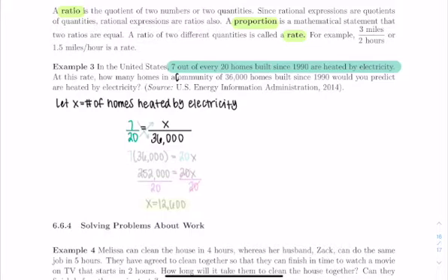So this is how I would set up my proportion. I have my rate, 7 out of 20, and I want to know with that rate, how many of my homes out of 36,000 are going to have electricity. So here, what we can use is cross multiplication.